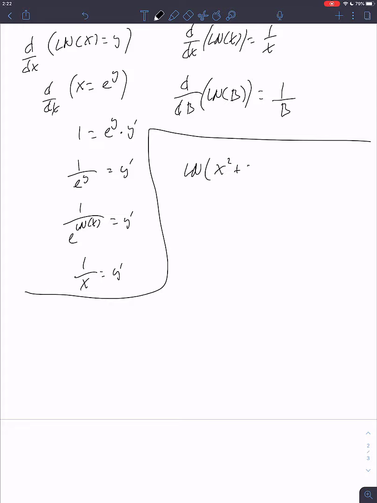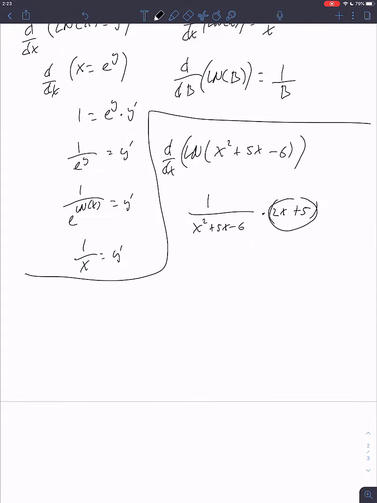Okay? To apply this to a chain rule problem, let's say we have ln of x squared plus 5x minus 6, and we wish to take the derivative of this. Well, the derivative of ln is 1 over the inside. So the first step is going to be 1 over the inside times, by the chain rule, the derivative of the stuff, which is 2x plus 5 in parentheses.